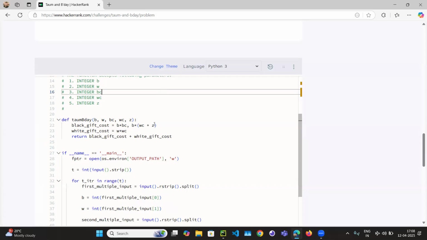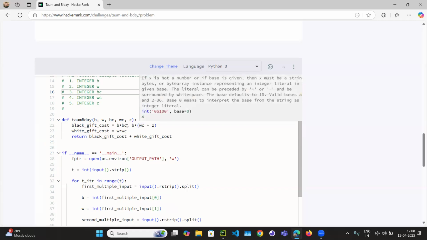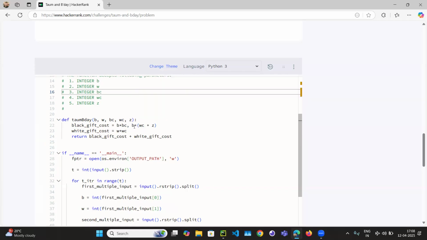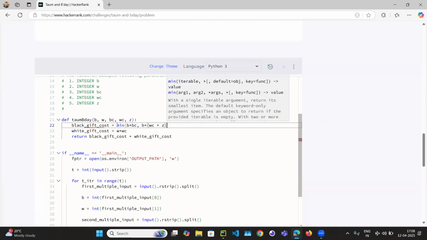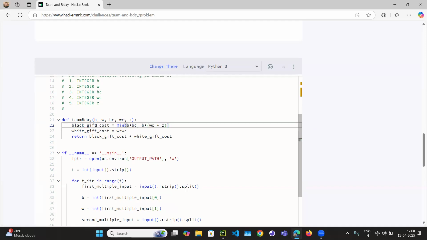If you convert black to the white, you have to give the conversion cost plus the white cost, not the black cost, right? So you have two options, but you have to take the minimum of these two, and whatever the minimum is, you go with that.